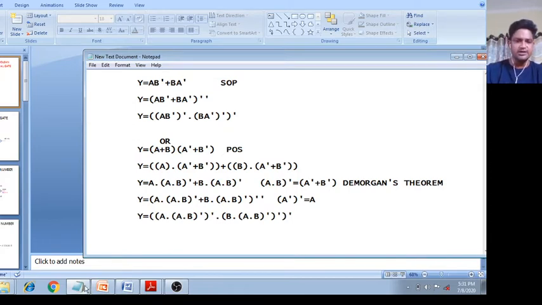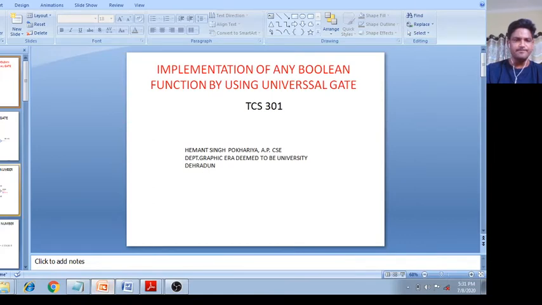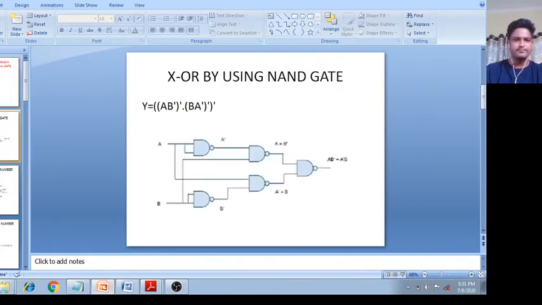Now this is the final expression: (A B dash)' dot (B A dash)' and whole complement. Now this is your B and this is your B dash. Now this is your A and this is your A dash.